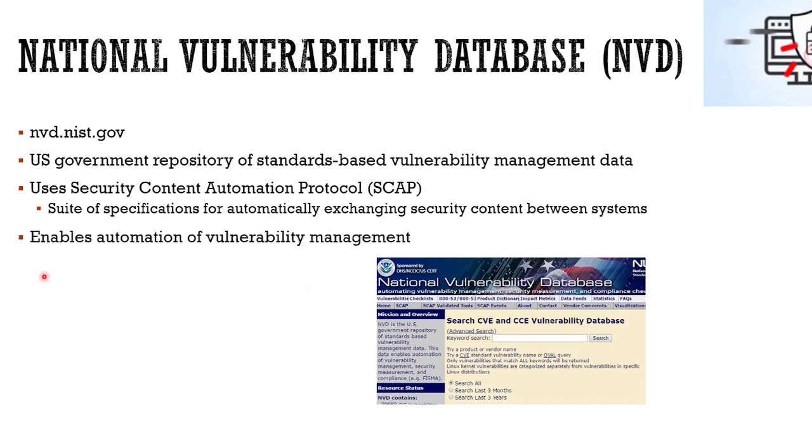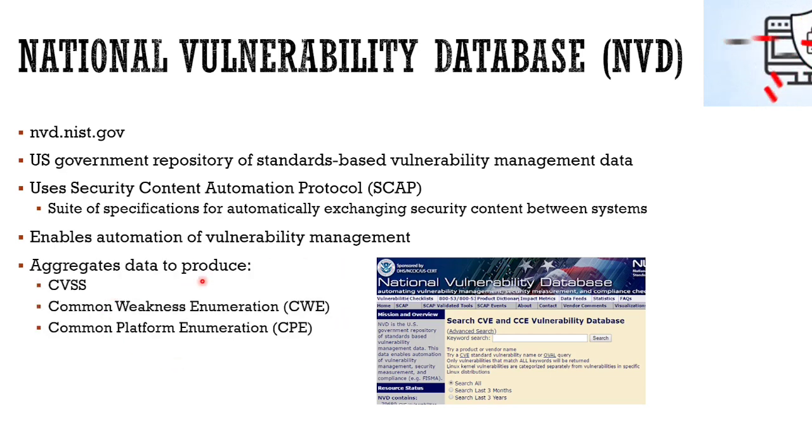So the weakness enumeration would be like clear text passwords in general are very weak. Or the platform enumeration: Microsoft IIS 5.0 is in general very weak. So it aggregates the data to produce these scoring systems.